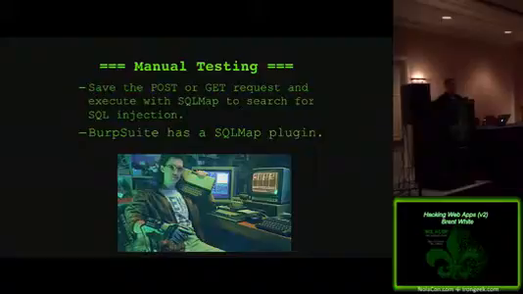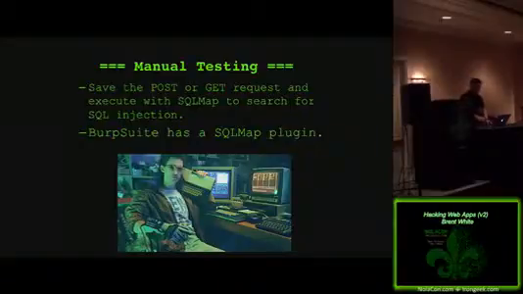This kind of goes back to the reporting that I was talking about earlier. You want to save all of the POST or GET requests that you send for the report for things that you found vulnerabilities for. If you found a parameter that you think might be vulnerable to SQL injection, actually save that POST or GET request as a secondary text file, and then run that text file through SQLMap or SQL Barbecue or some other SQL injection tools that are installed on Kali.